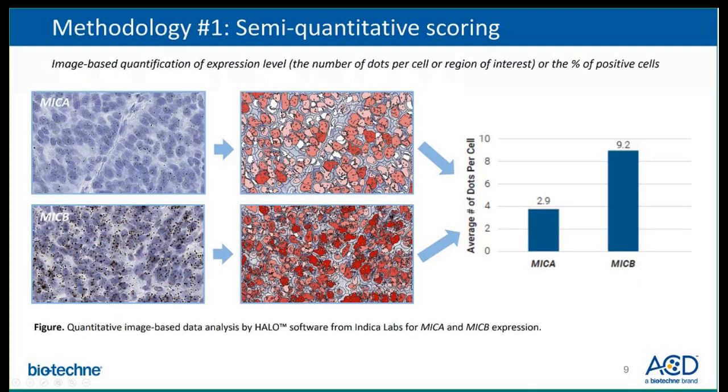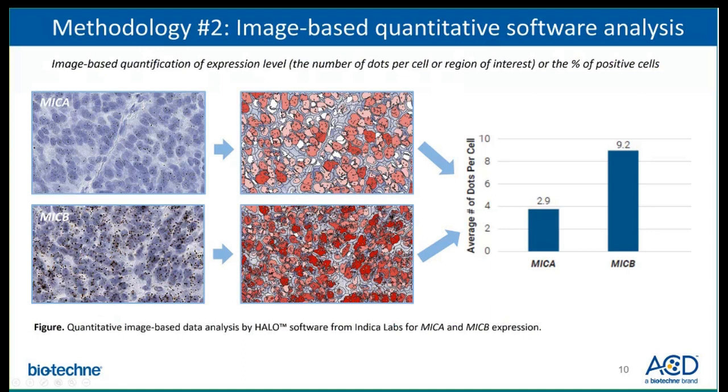The next methodology that we use is the image-based quantitative software analysis. So you need a software for detection of the dots, also detection of all the cells within your slide, and you need the software to be able to report back these numbers to you.